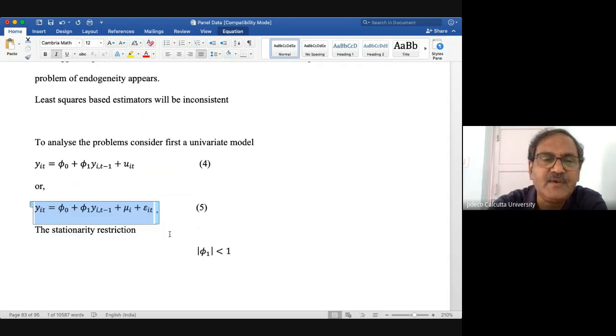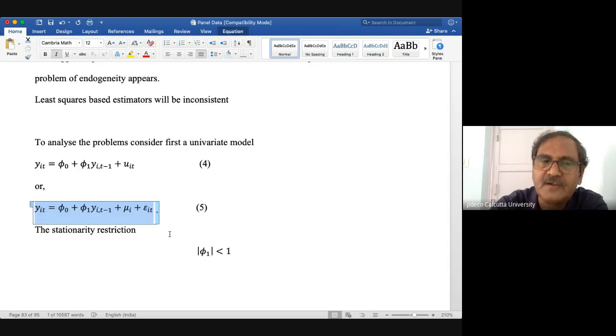So this is a univariate model for the one-way error component. And I have already mentioned, we assume that the series or the variable you are using is stationary. And you know the stationarity restriction, the coefficient for AR1 should be less than 1. So we assume throughout the discussion, initially, the value for phi 1 less than 1.